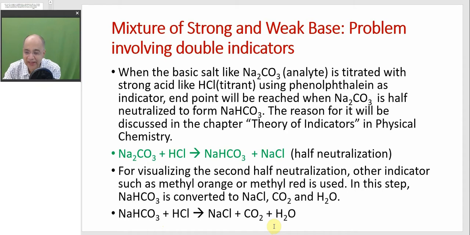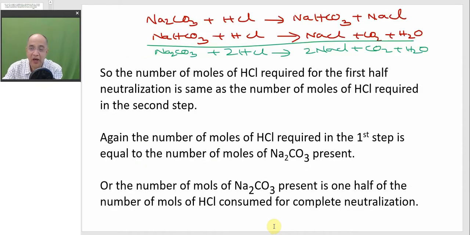So when I add the two, I get the overall reaction which you write. But if you go in a titration style, first you will not get CO2; Na2CO3 is half neutralized to sodium bicarbonate, and then if you further add HCl, it will form carbon dioxide.